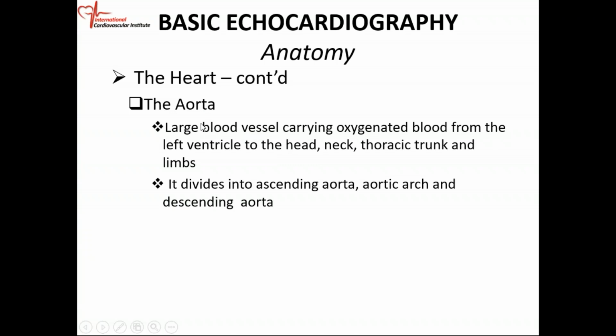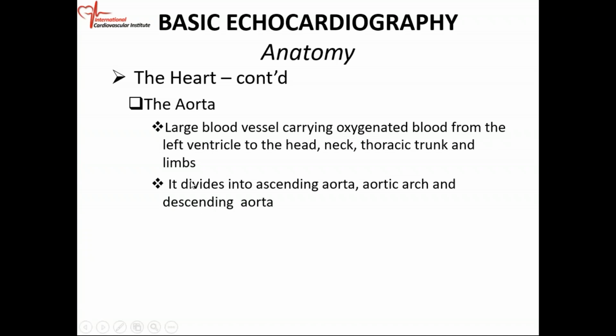But first it has to cross the aortic valve. And then it's going to supply blood to the head and neck, the thoracic trunk, and the limbs. So basically, it supplies blood all over the body, because the aorta carries oxygenated blood that all structures in the body need.